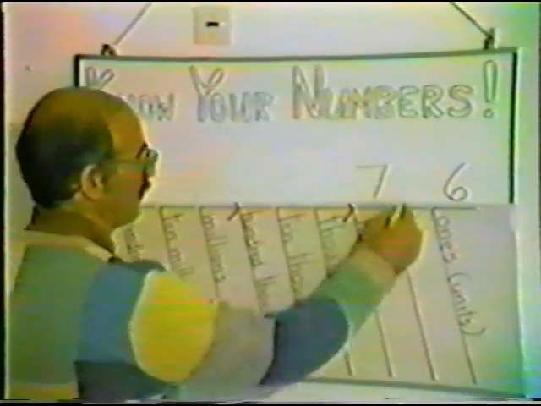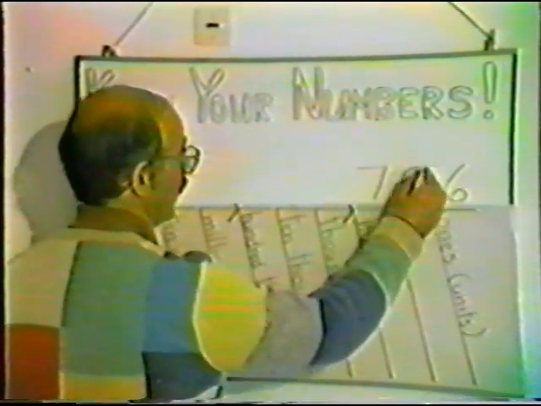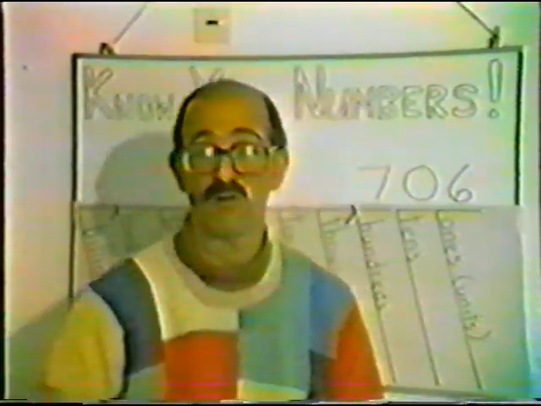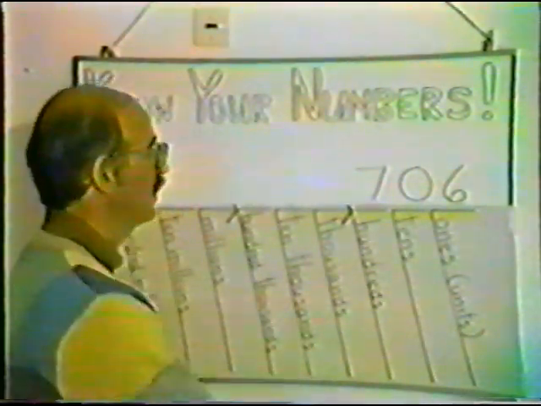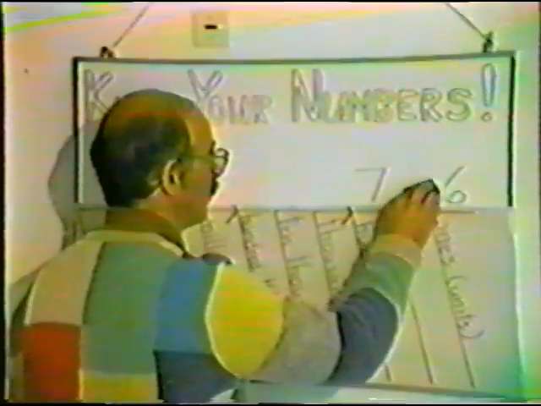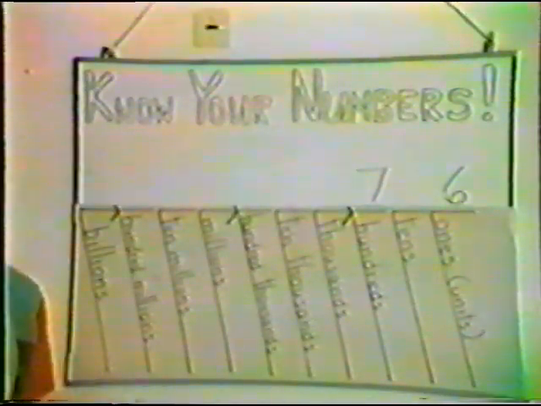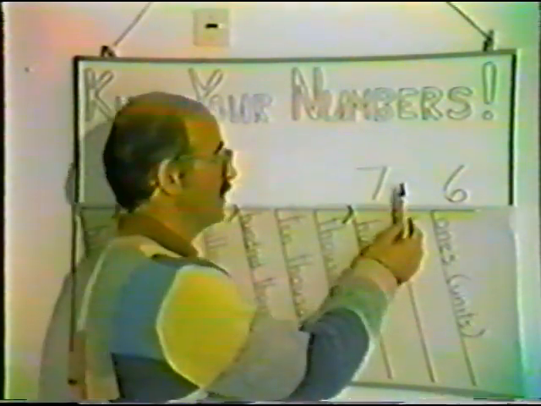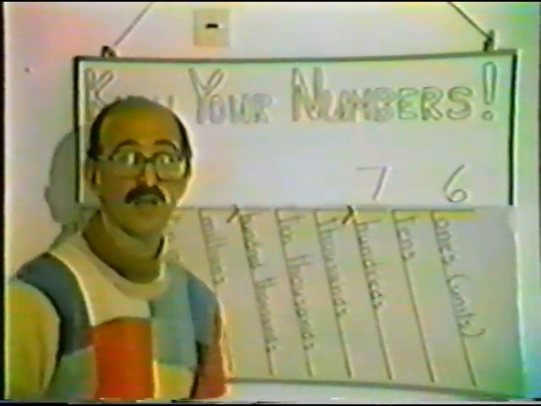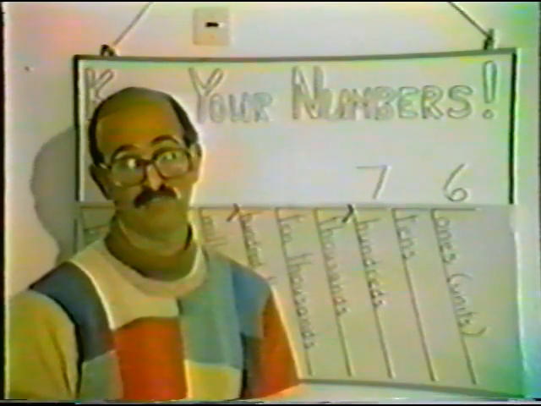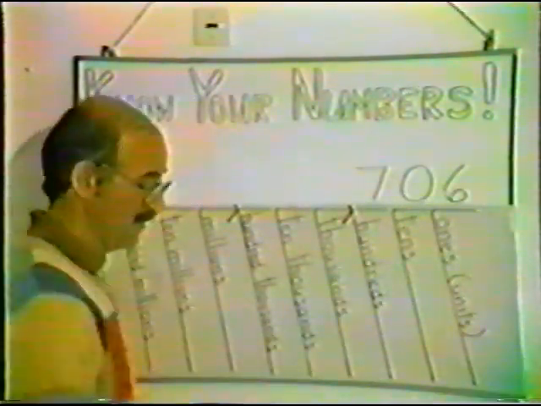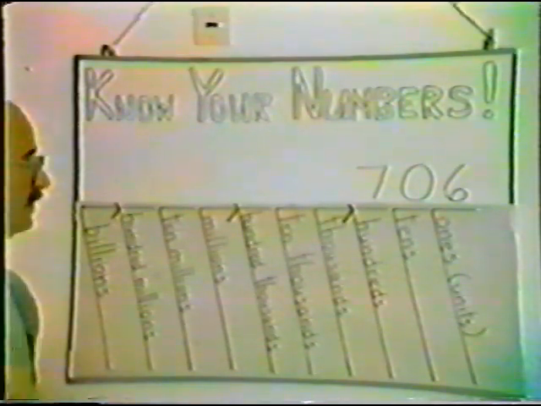A 0. If we had not put that 0 in the tens place, what number would we have? 76. It would just be 76 with a big hole in the middle. So we have to make it 706.